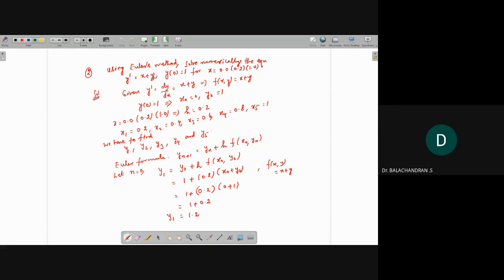Before that, I want to share one more piece of information with you. Just now I received a message about the internal pattern for all senior classes of both UG and PG, as per the Dean of my school.